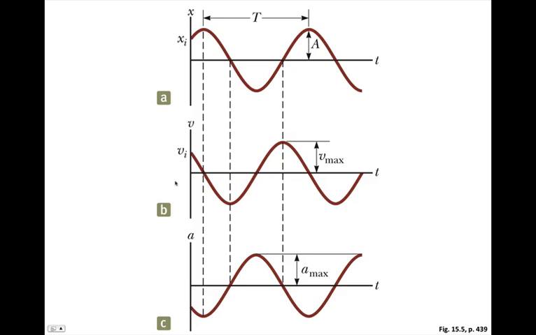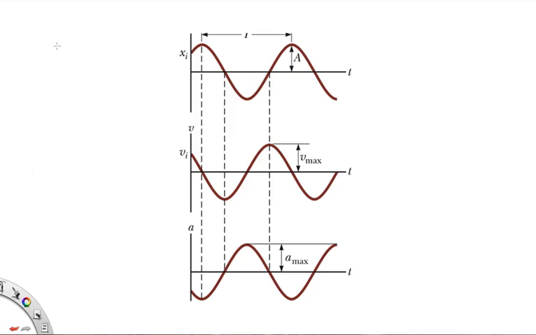This slide's showing you the graphs for the position, the velocity, and the acceleration. Okay, so we said that the position was given by x = A cos(ωt + φ). So this point here is going to be when t is equal to 0. So this has magnitude A cos φ.